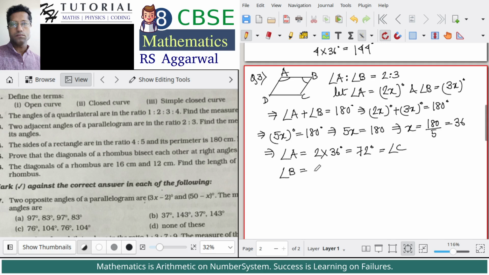Similarly, angle B will be equal to 3 into 36 degree, which is 108 degree. This will also be equal to angle D, because angle B and angle D are a pair of opposite angles in the parallelogram and they are equal.